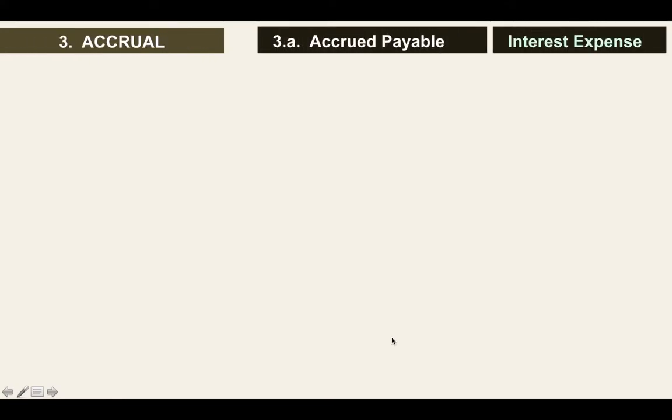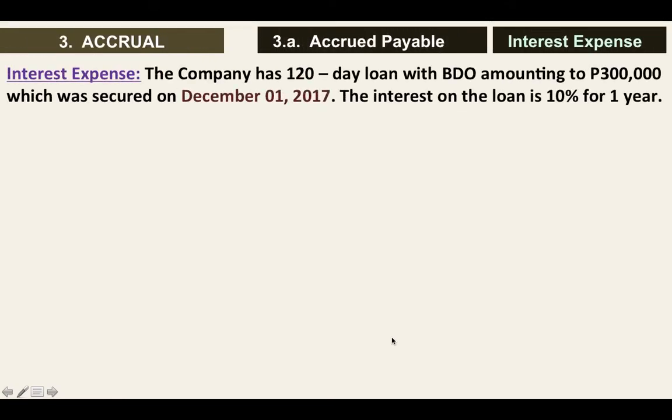Okay, next is interest expense. Okay, this is our problem. The company has 120-day loan with BDO amounting to 300,000, which was secured on December 1st, 2017. The interest on the loan is 10% for 1 year.